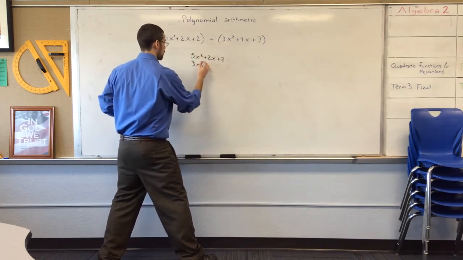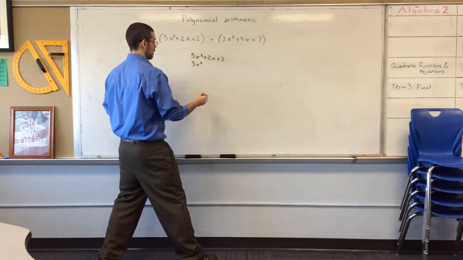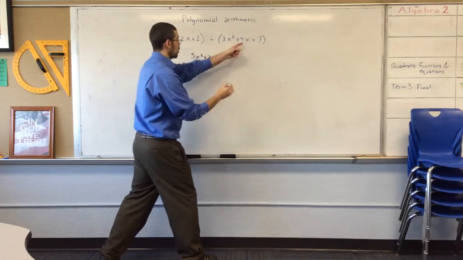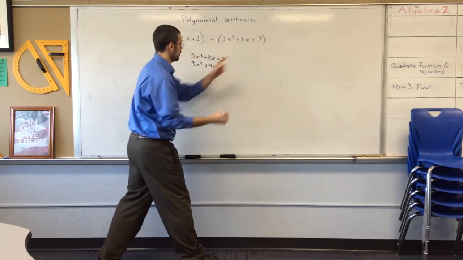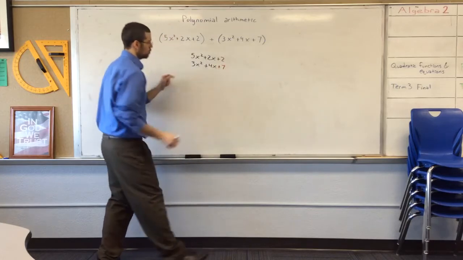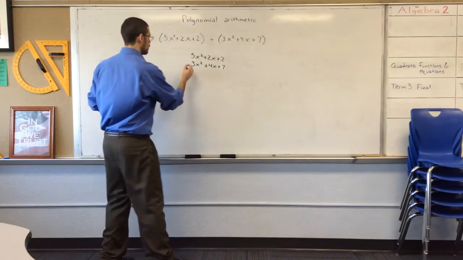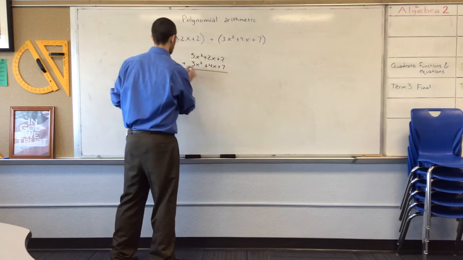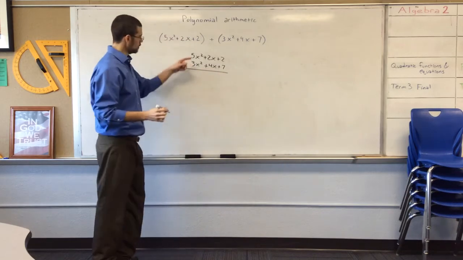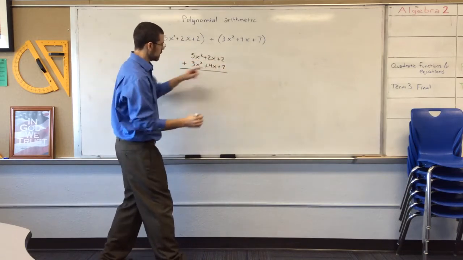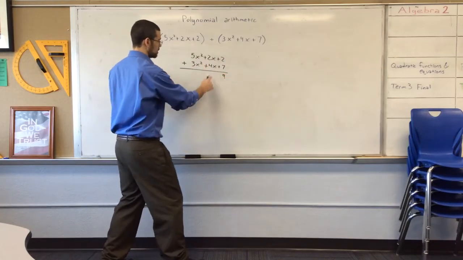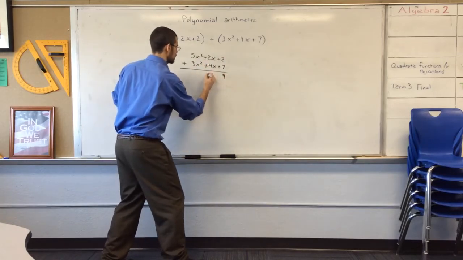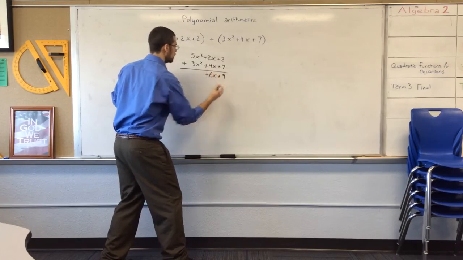So 3x squared below 5x squared, 4x below 2x, and 7 below 2 wholes. We're going to add those. All right, so we get 2 wholes and 7 wholes is 9 wholes. 2 x's and 4 x's gives us 6 x's.